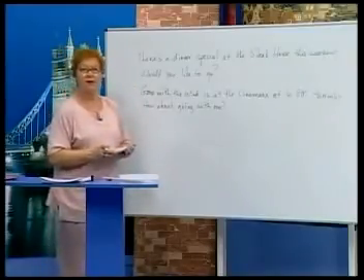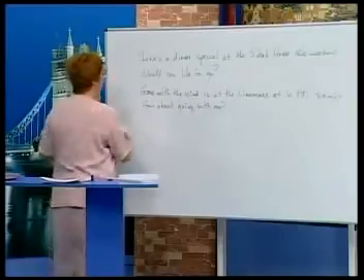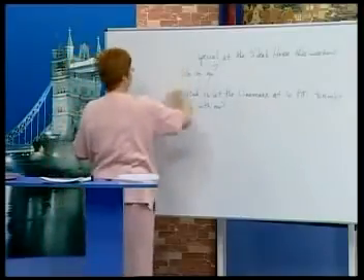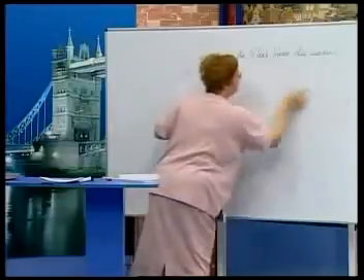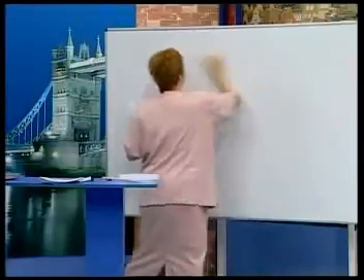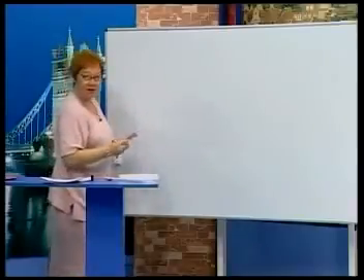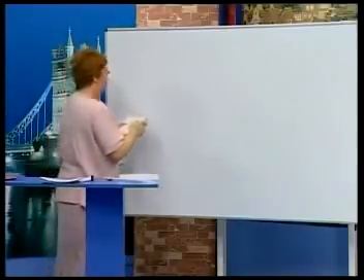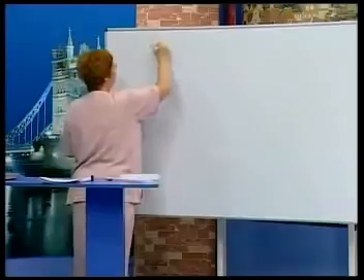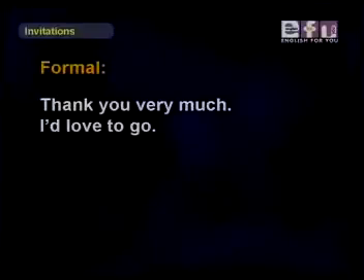Now, let's talk about accepting invitations again. And this is what they can look like. So, this is if you want to go, okay? You're saying yes. So, formal, we have: Thank you very much.